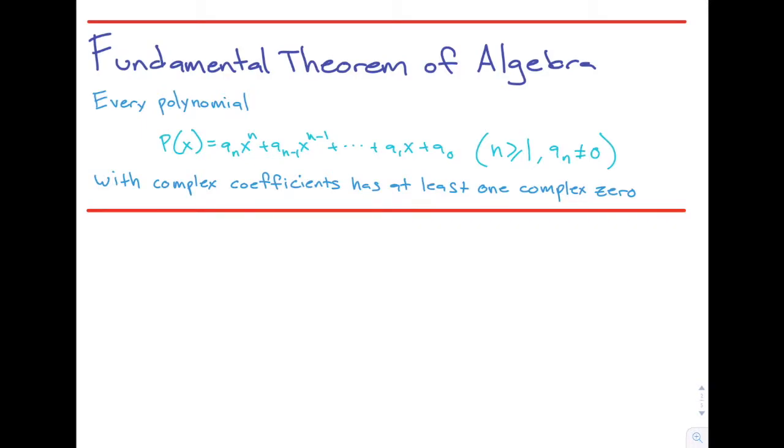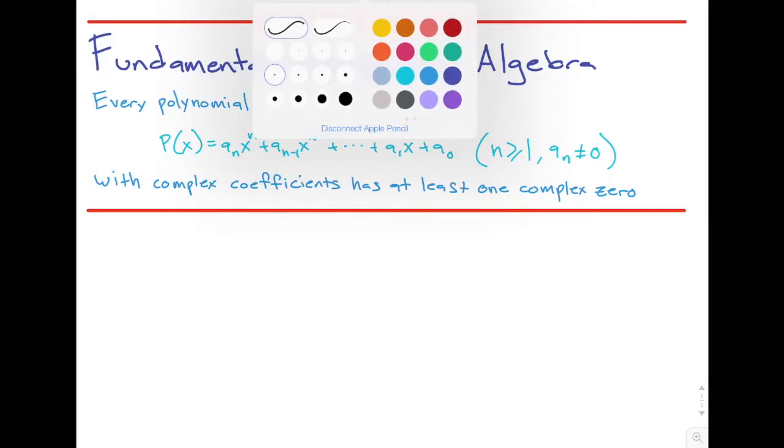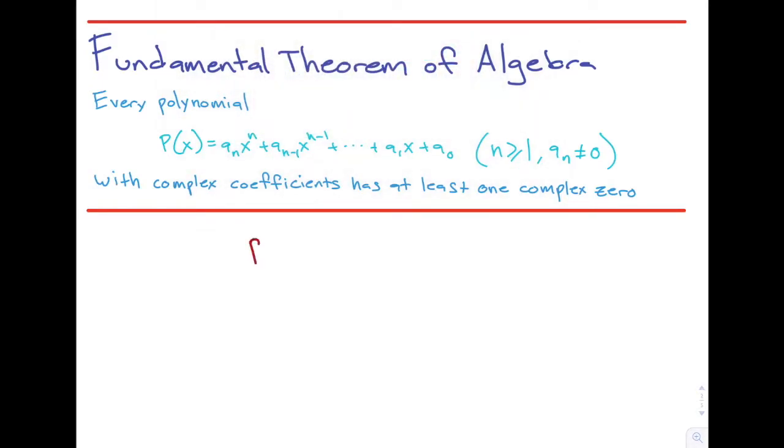After looking at complex numbers and refreshing on that, this should feel somewhat intuitive. If we have a polynomial, it could be as simple as p of x equals x squared minus 4. It has complex coefficients, right, because the real numbers are a subset of the complex numbers.